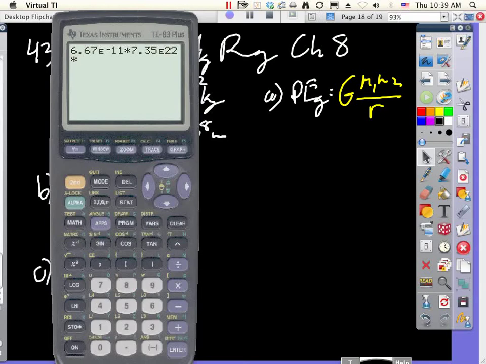Times 5.98 times 10 to the 24, divided by the radius. What is the radius? 3.84 times 10 to the 8th. And boom, there's our answer.